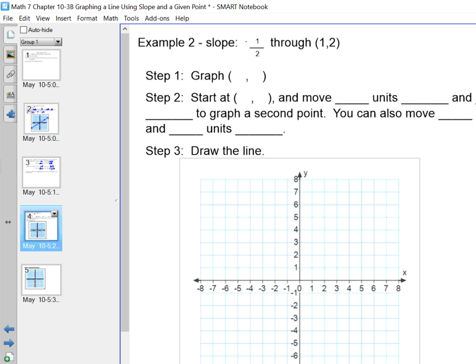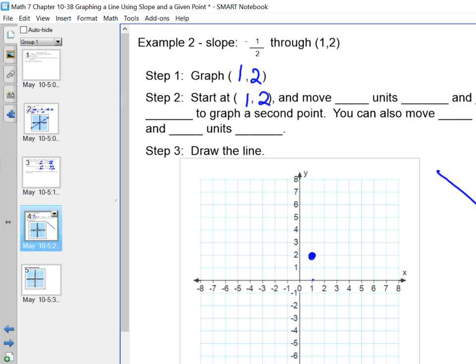We know that our slope here is negative 1 over 2, and we want to go through the point 1, 2. That means we're going to graph 1, 2. That's our starting point. We are going to start at 1, 2, and we have a negative slope. Now remember, a negative slope is one that we want to slide down.